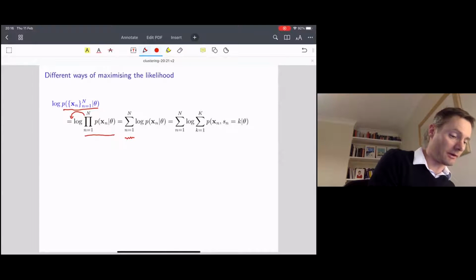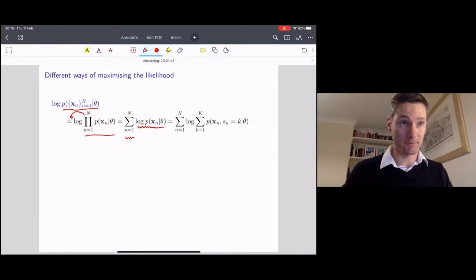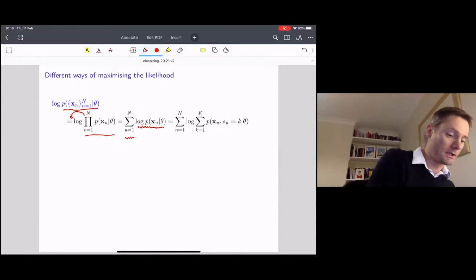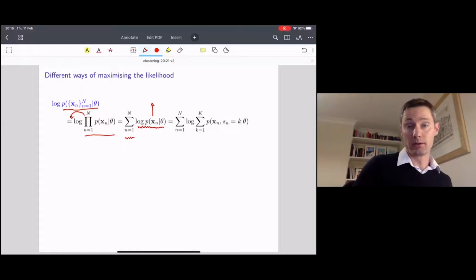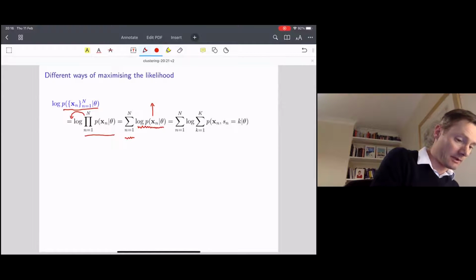Now we're going to focus on this object in here, the probability of just a single data point given the parameters theta. And this thing we can write out using the sum rule as the sum over k of the probability of xn and Sn equals k given theta.